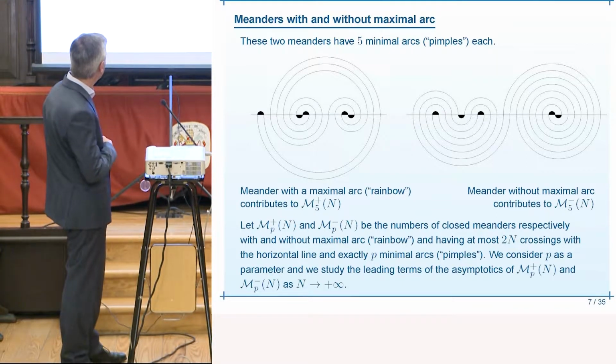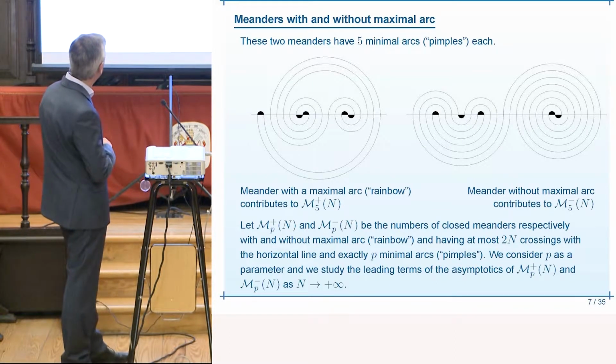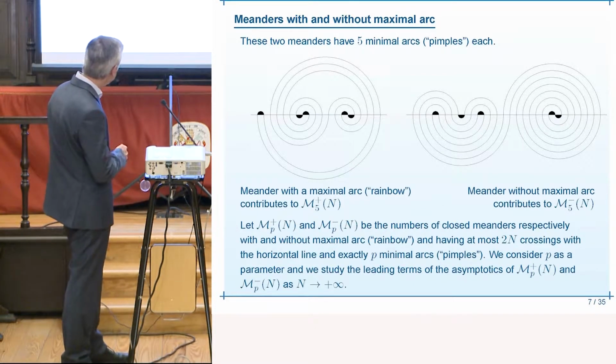So there are 5 minimal arcs here, 5 minimal arcs on the right. And let us count meanders of each of these two types. The number of meanders with at most n capital arcs having these 5 black minimal arcs and with a rainbow is called M plus, and without a rainbow is called M minus.